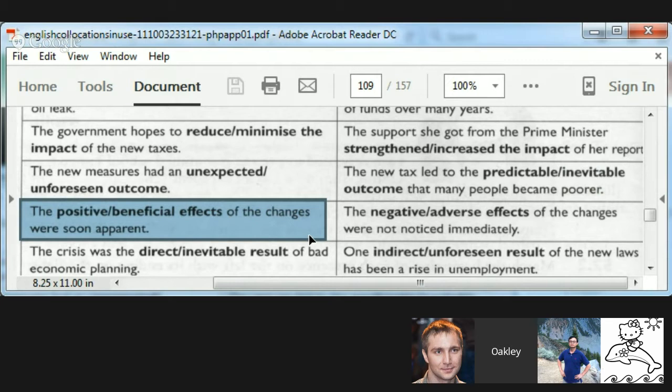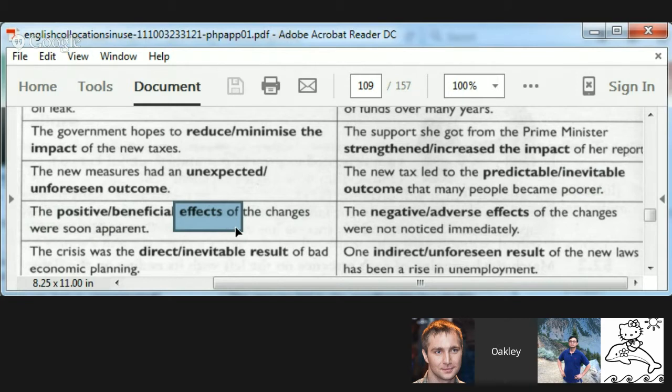Okay, Heidi, next. Effects. The positive, beneficial effect of the changes were soon apparent. The negative, adverse effects of the changes were not noticed immediately. Well, obviously, we need to talk about effects when we talk about cause and effect.